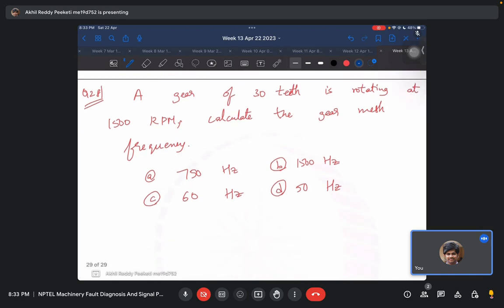So this also we have discussed in earlier weeks. What's the formula for the gear mesh frequency?